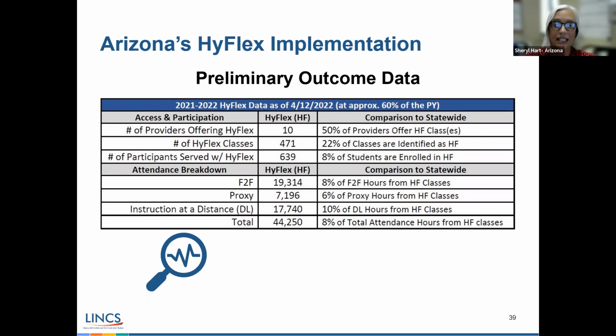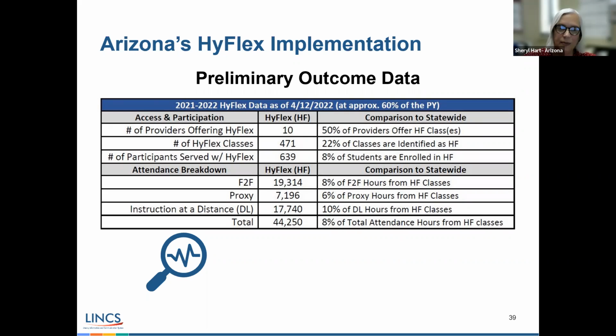So in Arizona, that's 10 providers offering one or more HyFlex classes. We actually have 471 classes in our data management system that are named as HyFlex classes. They're identified as HF. And that translates to 22% of all of our classes.